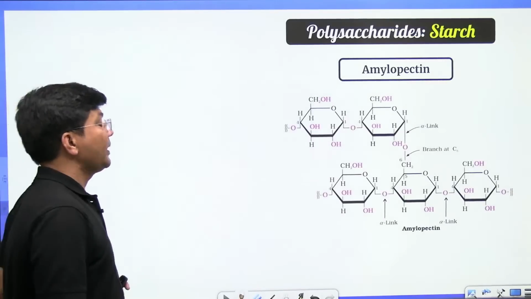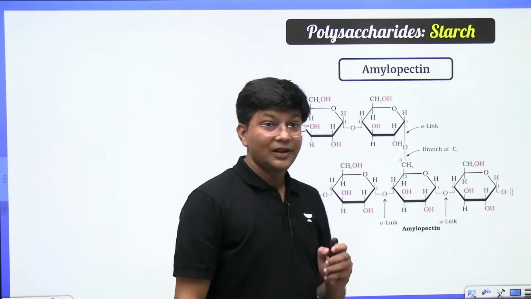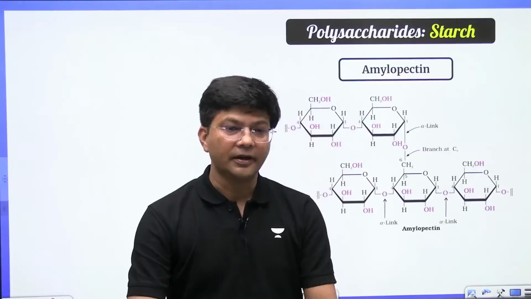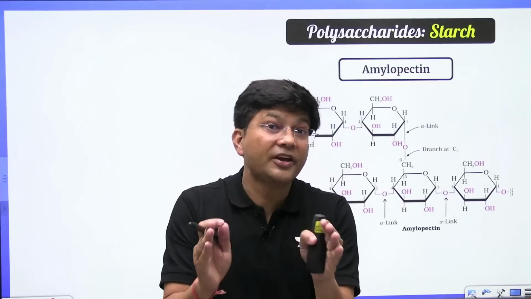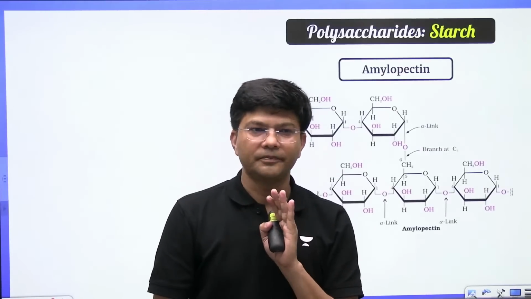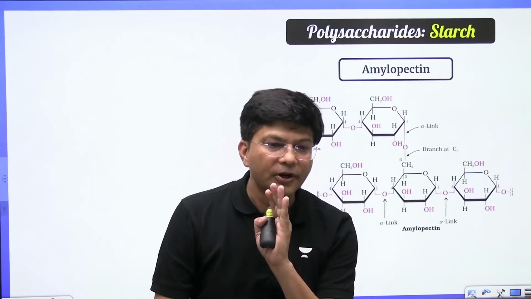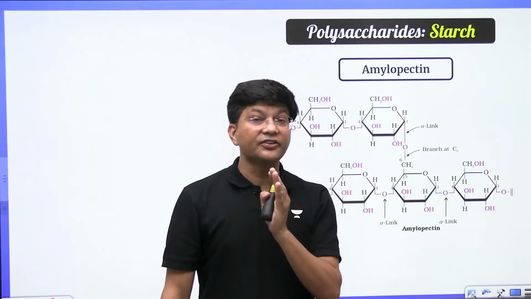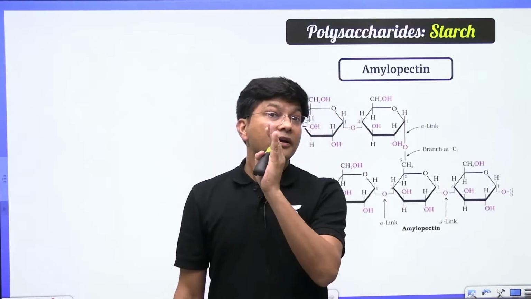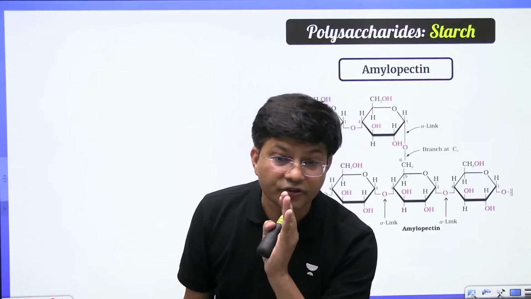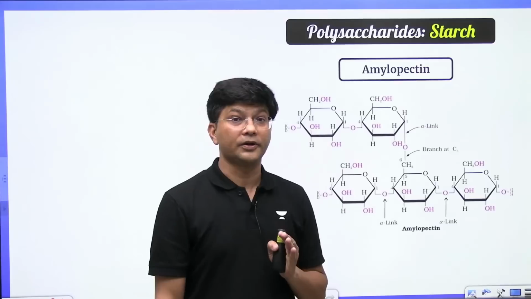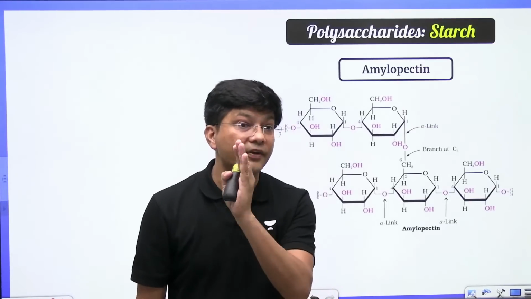Now, amylopectin. I am going towards amylopectin. Each and everything is based on the glucose structure only. Are you able to understand that everything is based on the structure of glucose only? So the structure of glucose is really very, very important.